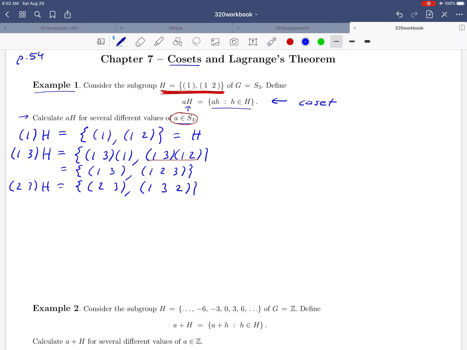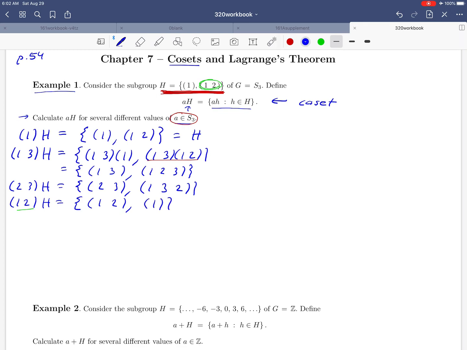So we've taken care of 1, (1 3), and (2 3). How about (1 2) times H? If we take (1 2) and multiply it by the identity element, we get (1 2). And if we take (1 2) and multiply it by itself, the second element of H, we get back to the identity.